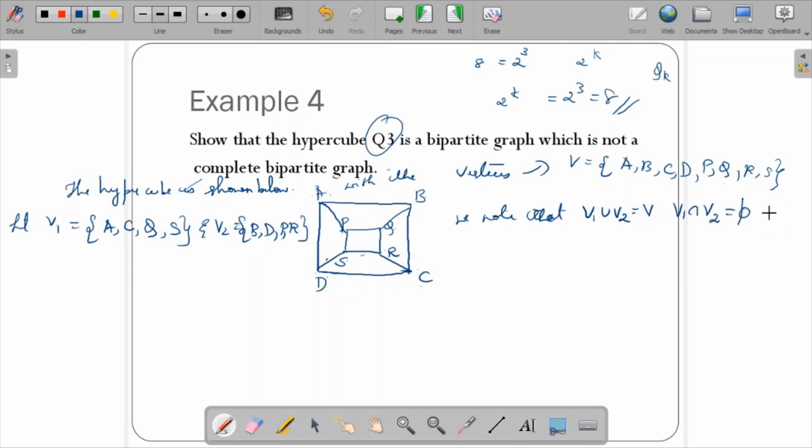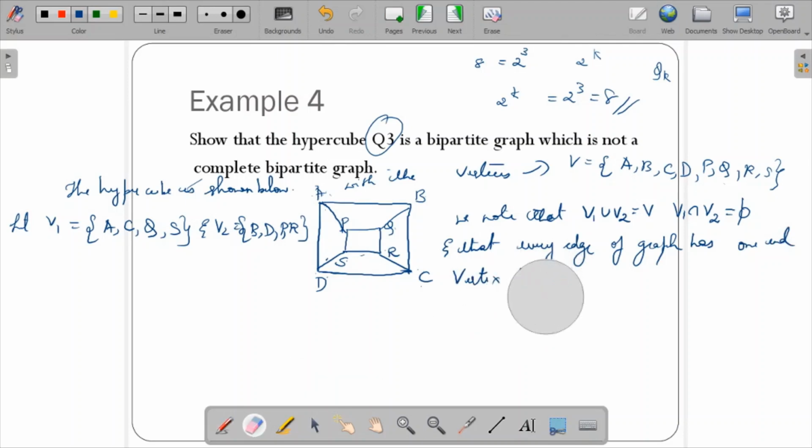And that every edge of the graph has one end vertex in the set V1 and the other end vertex in the set V2.